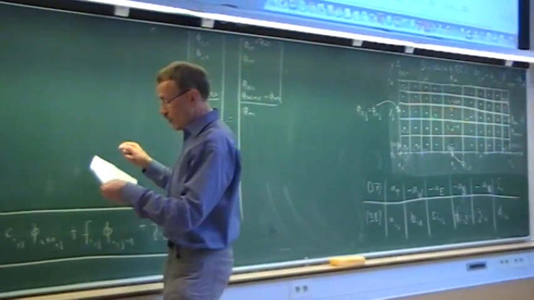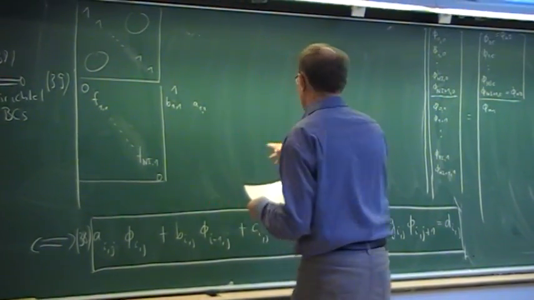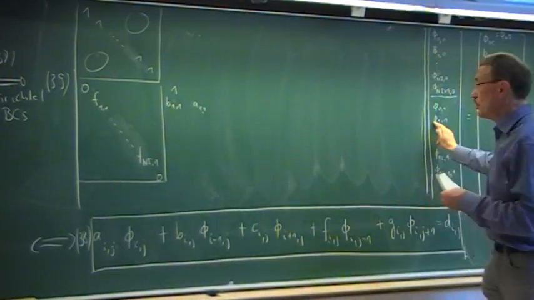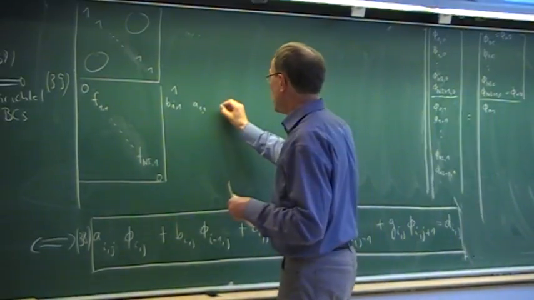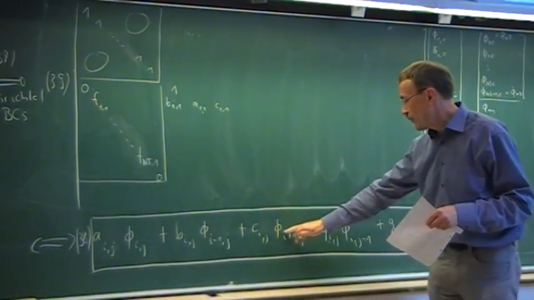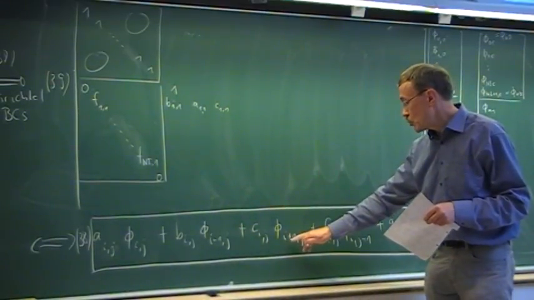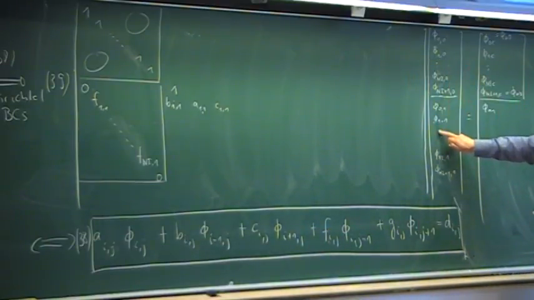Then we have the center coefficient that will get a 1,1,1. That times the unknown corresponds to this one here. And then we will have the C11, and that is taken into account the phi 2,1, which is the next neighbor here.